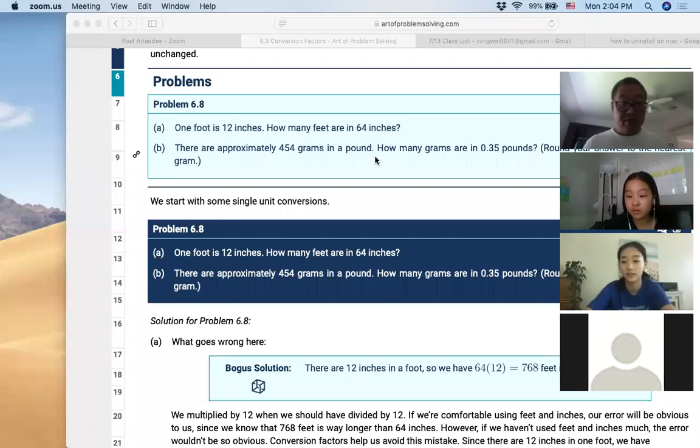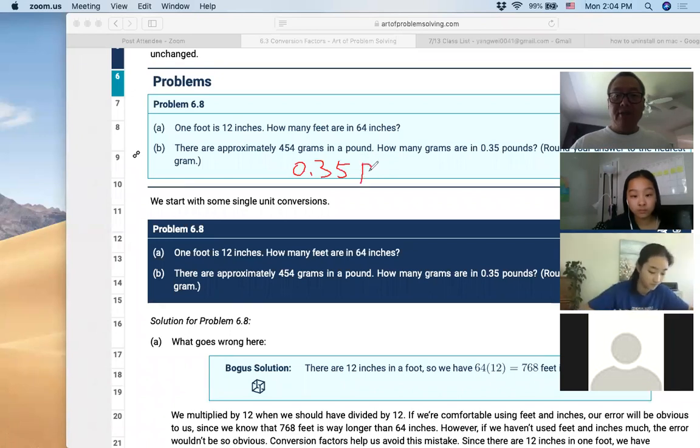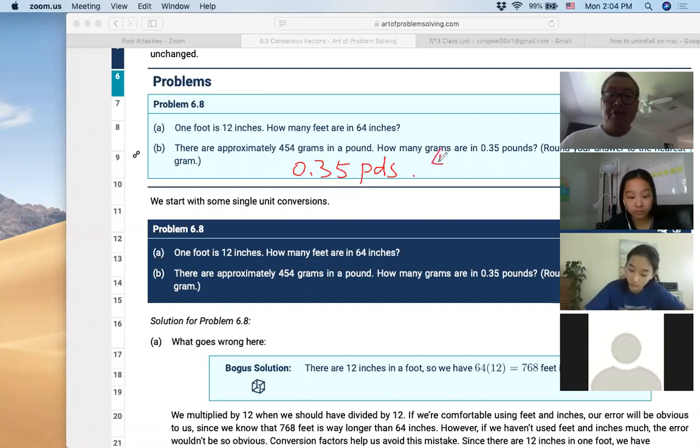Now let's do this problem. Everybody do this. They ask how many grams are in 0.35 pounds. Suppose I use lbs to replace pounds. In each pound, you have 454 grams.